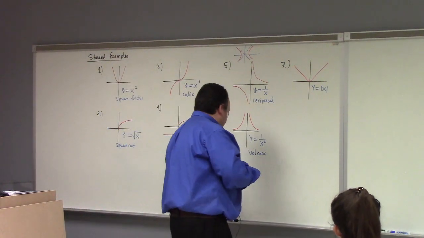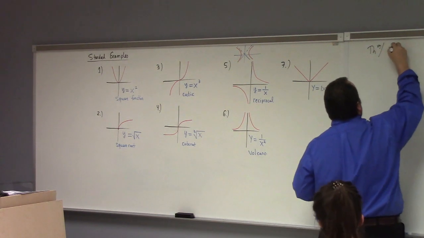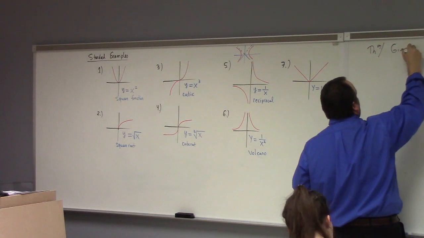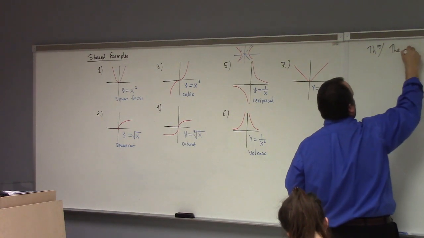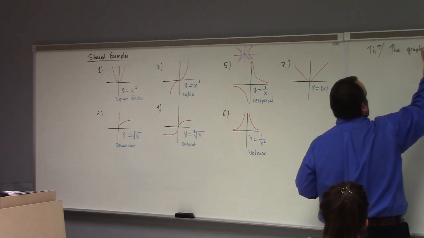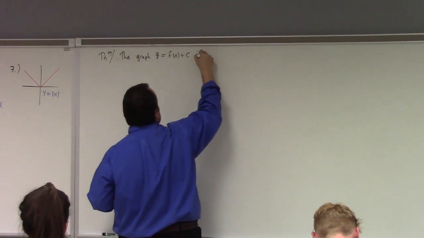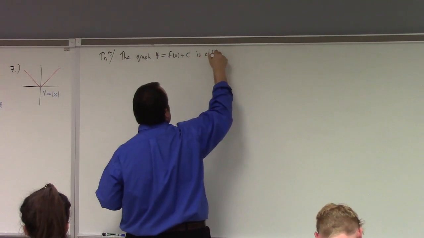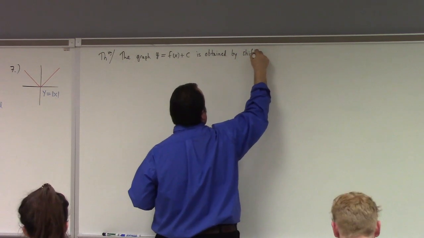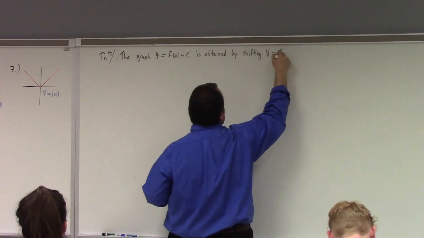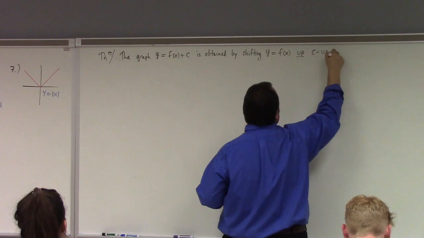So there's a theorem that we need to learn. Here's the theorem. Given the graph of y equals f of x, the graph of y equals f of x plus c is obtained by shifting y equals f of x up c units.